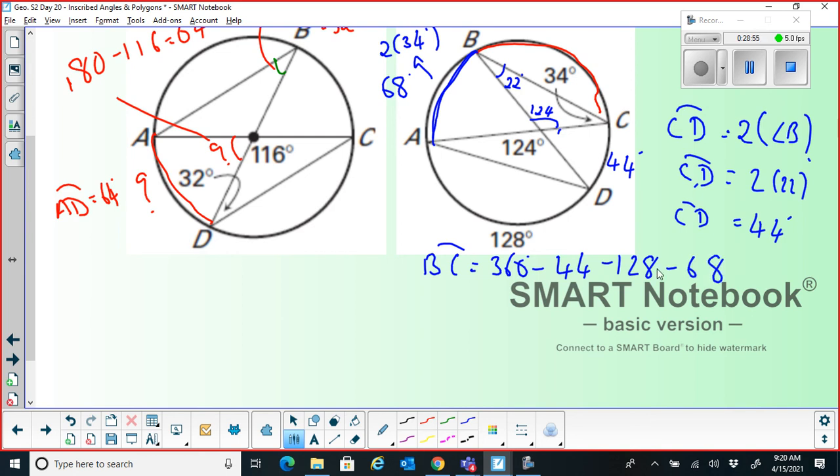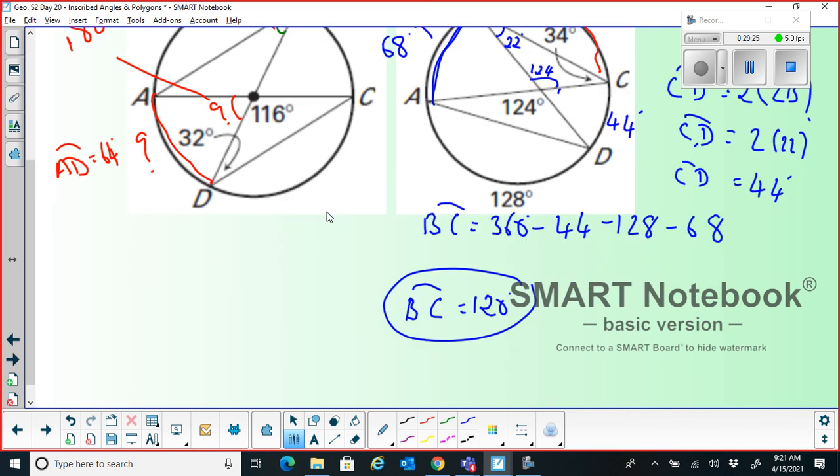If I put that in the calculator, 360 minus 44 minus 128 minus 68 gives us 120, which Yuki had got. Wonderful job, Yuki. So you will have the measure of arc BC equal to 120 degrees. Okay. Let's move on to the next slide.